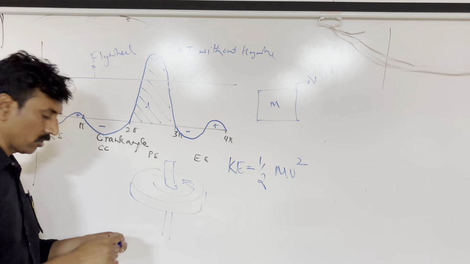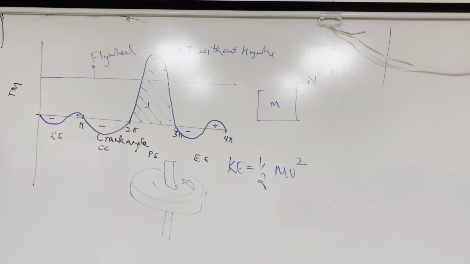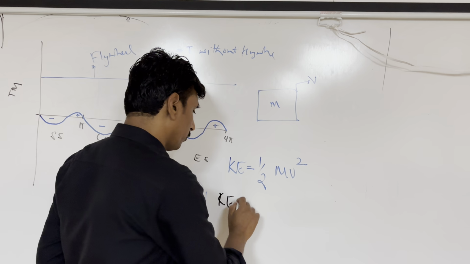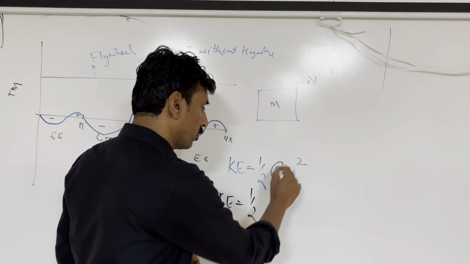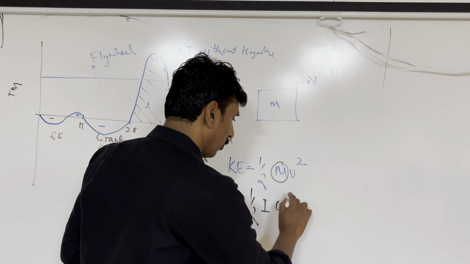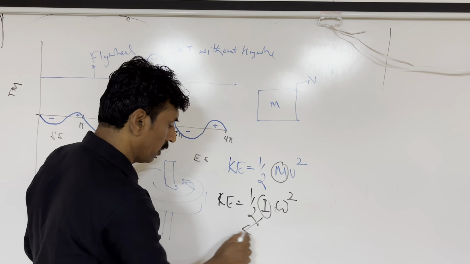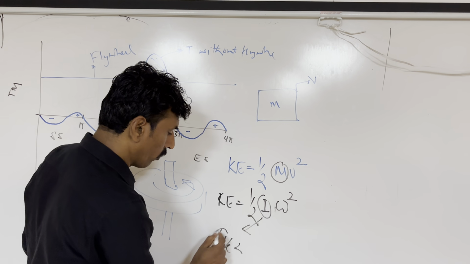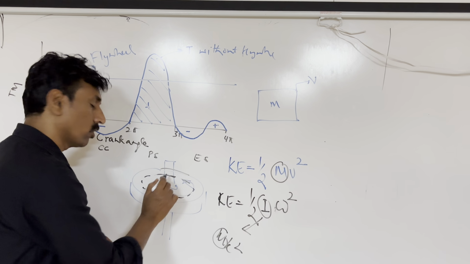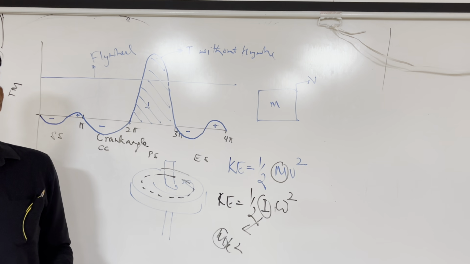It is given by the same thing, but instead of m we use I, and instead of v we use omega squared, where I is nothing but m k squared, where m is the mass of the flywheel and k is the imaginary radius at which the flywheel mass can be placed.